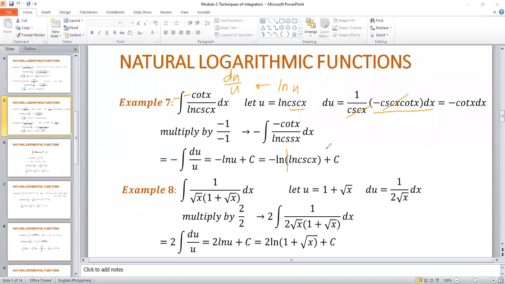We write here an absolute value symbol, or you write a parenthesis, that's okay. So the argument of the answer, which is a natural log, is another natural logarithmic function. This is the argument of this ln. Ln of ln cosecant x plus c.